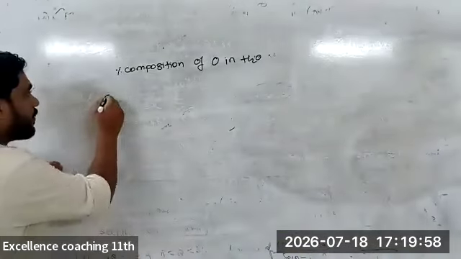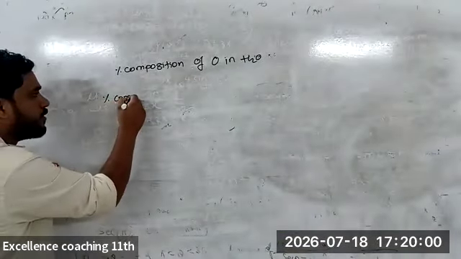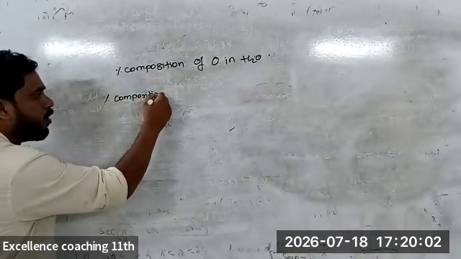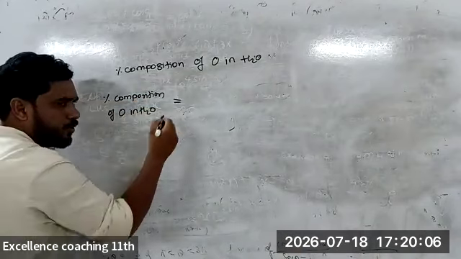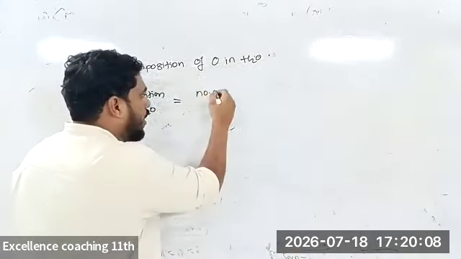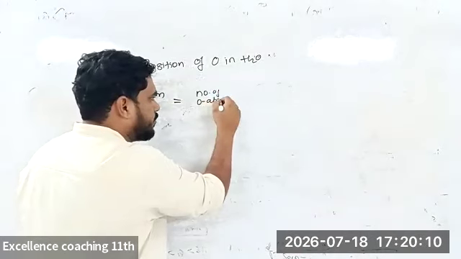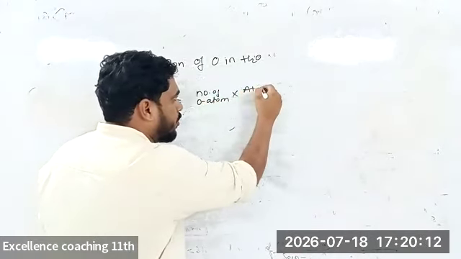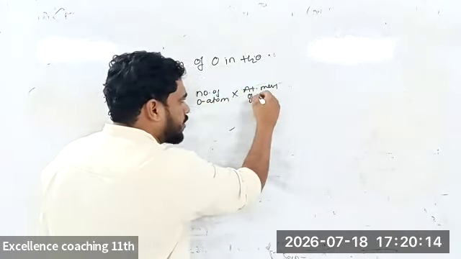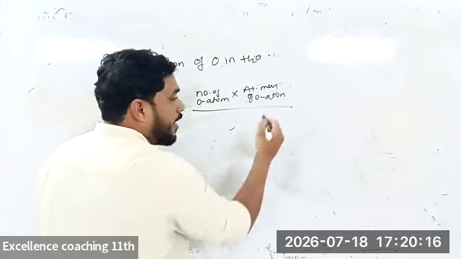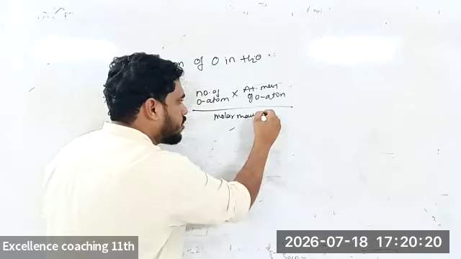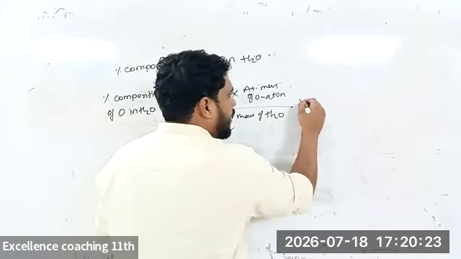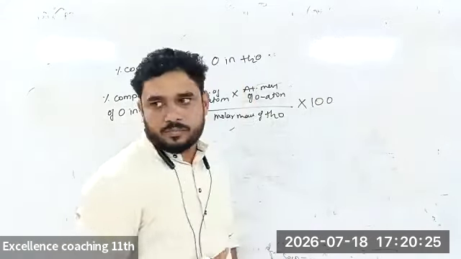Percentage composition of oxygen in water is equal to number of oxygen atoms into atomic mass of oxygen atom divided by molar mass of water into 100.